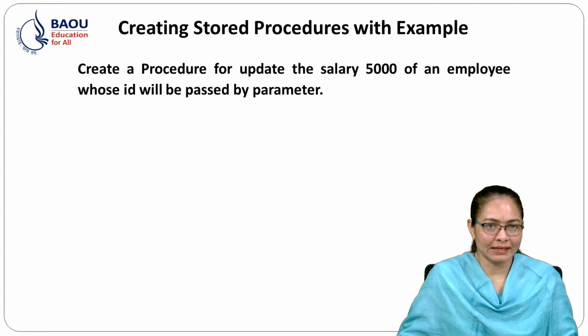Now we will create a procedure to update the salary of the employee to 5,000 whose ID will be passed by the parameter. Means the procedure will update the employee salary whose employee ID is passed by the user.